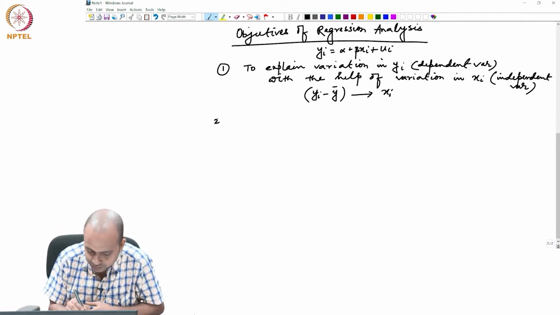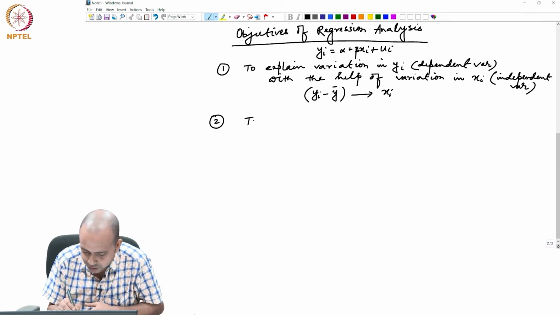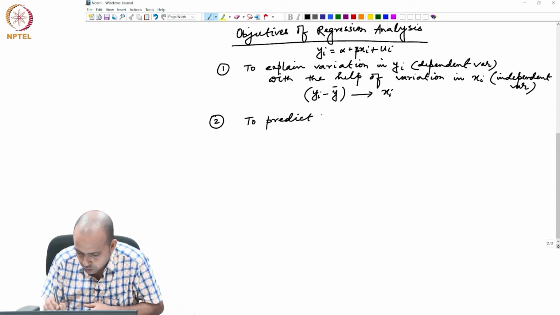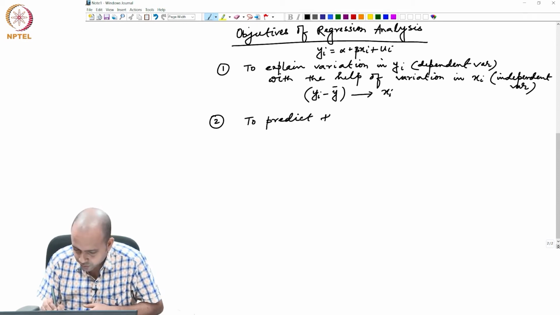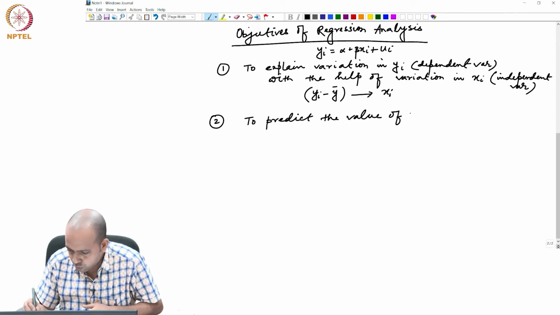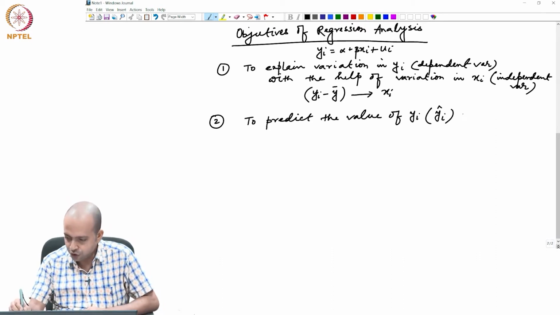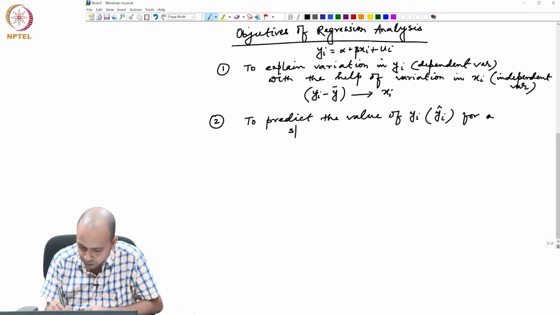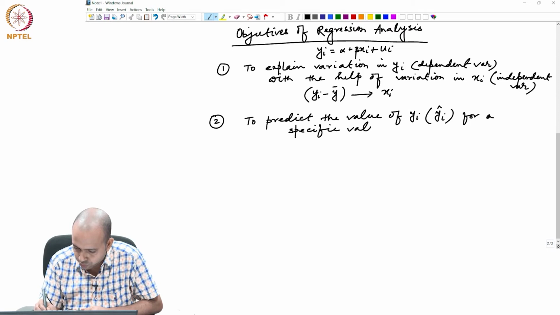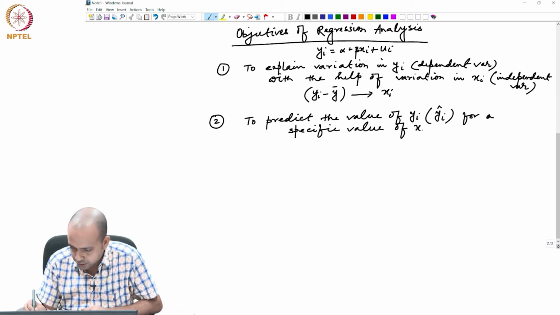And secondly, to predict the value of yi, which is called yi hat, for a specific value of xi.